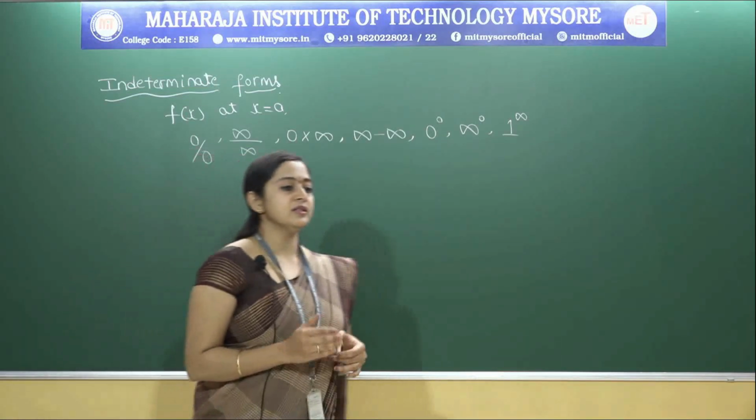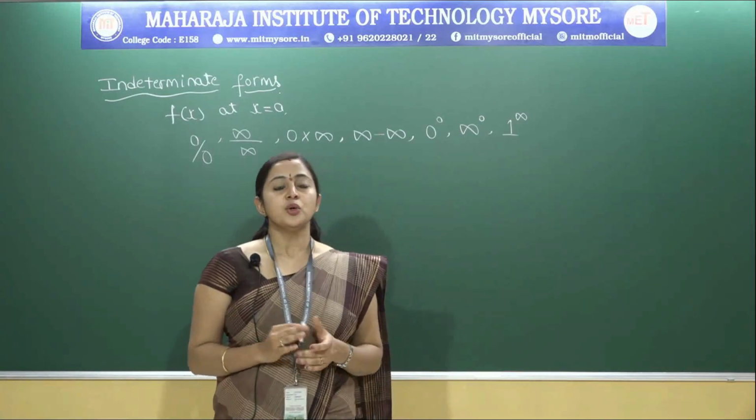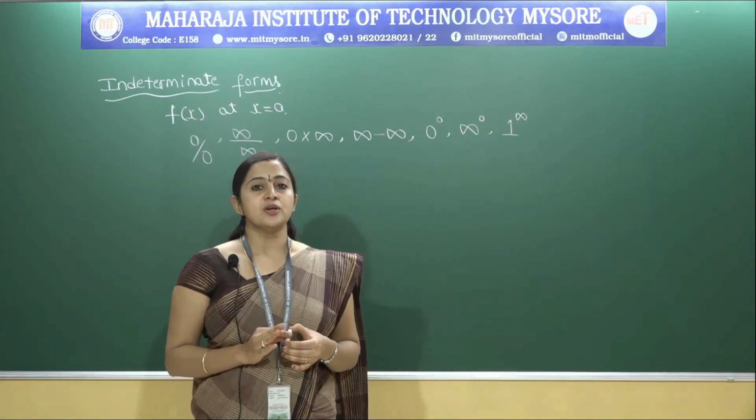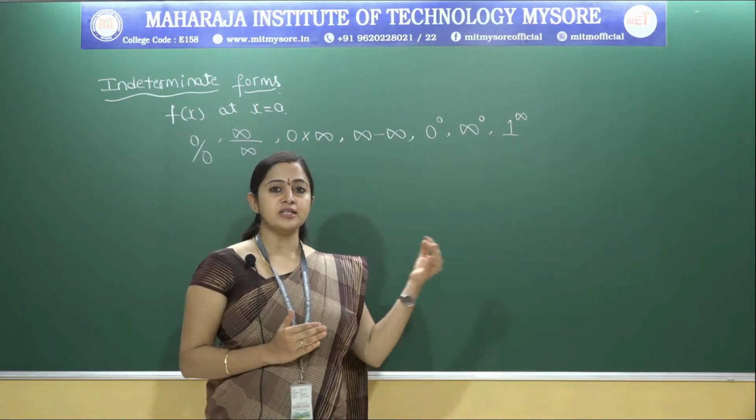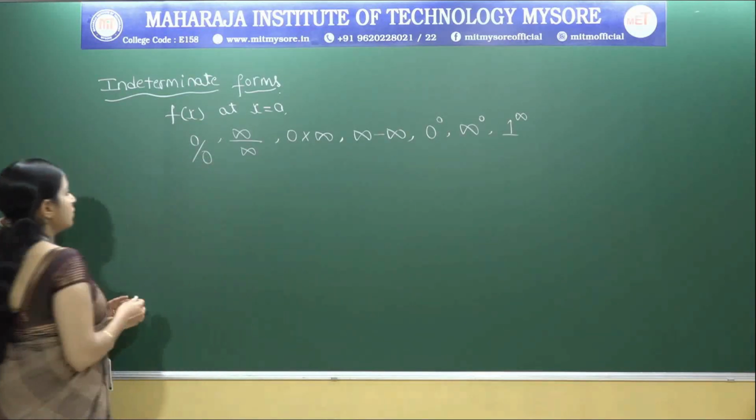Then how to find the solution for these indeterminate forms? Using the L'Hospital's rules you can find the solution of these indeterminate forms. So the next term is L'Hospital rule.